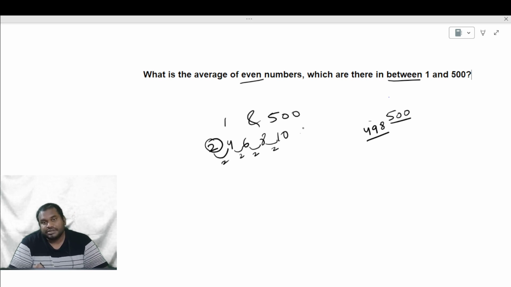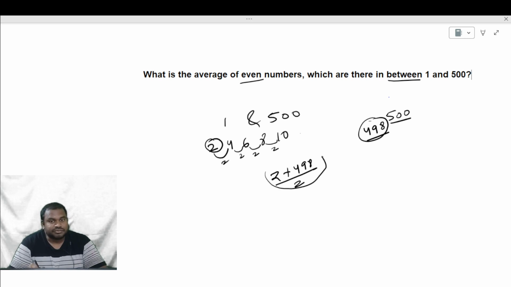Then the average will be first number plus last number divided by 2, so 2 plus 498 divided by 2. If you don't know this formula, you will keep on adding them till 498 and divide by counting how many numbers there are. That will take so much time, so you should not use that method.